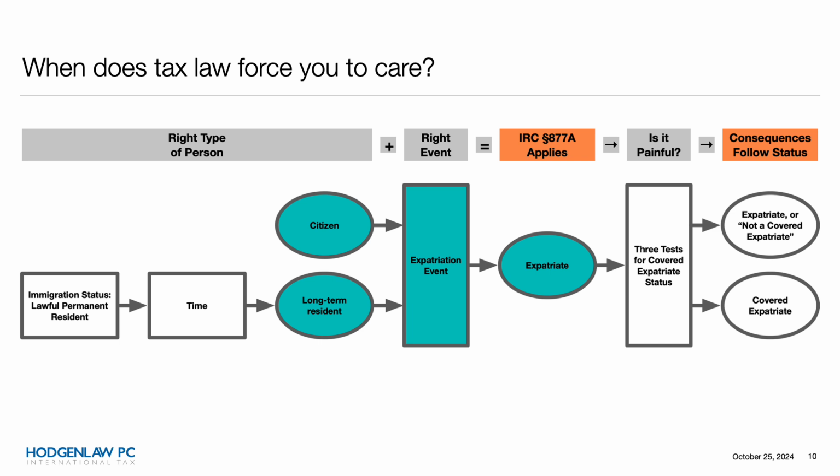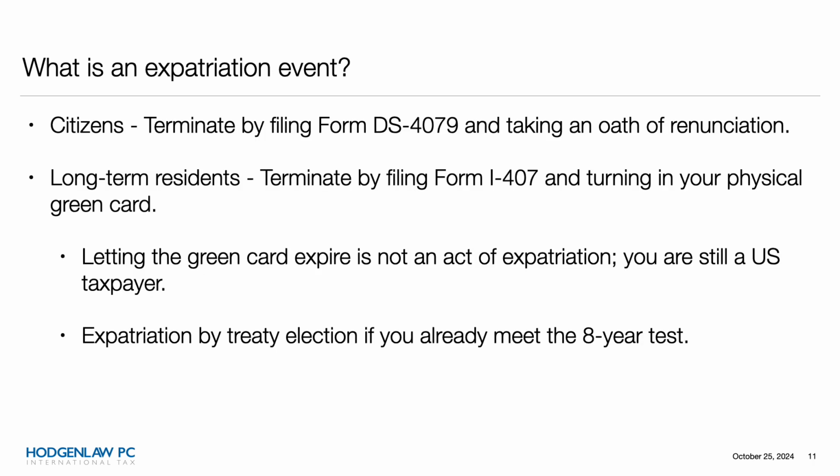So you're a citizen or a long-term resident, and then you have an expatriation event that's going to make you an expatriate. What's an expatriation event? For citizens, this means terminating your citizenship by filing Form DS-4079 and taking an oath of renunciation. For long-term residents, this means terminating your green card by filing Form I-407 and turning in your physical green card along with that form.